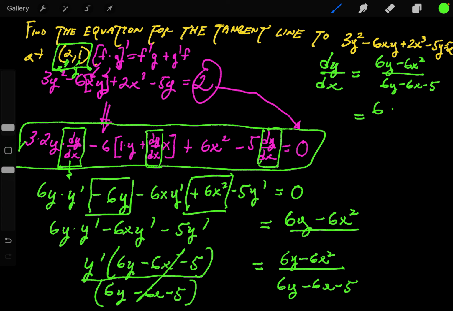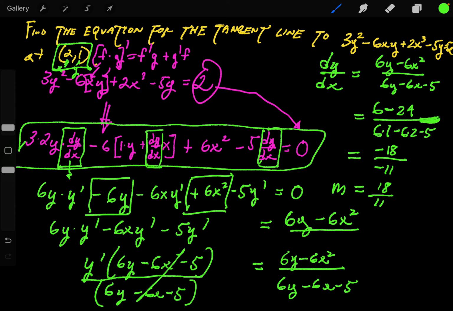We get 6 minus 2 squared, because x is 2, is 4, minus 6 is 24, over 6 times 1 minus 6 times 2 minus 5. 6 minus 24 is negative 18. 6 minus 12 is negative 6, minus 5 is negative 11, and I get 18 over 11, which is the desired slope, okay?